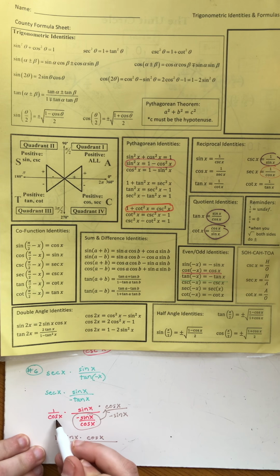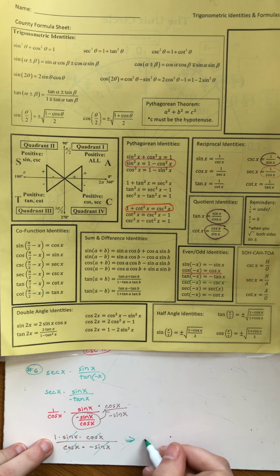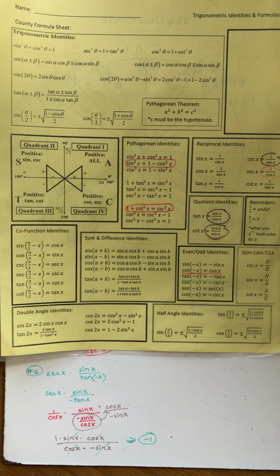And then in the denominator I have cosine x times negative sine x. So I have a sine x at the top and the bottom which can cancel, a cosine at the top and the bottom that can cancel. So I'm left with 1 divided by a negative, so that's going to give me a negative 1.